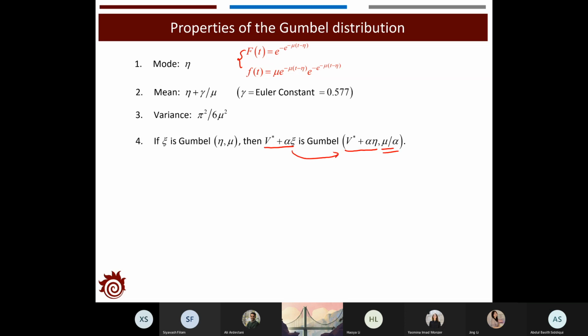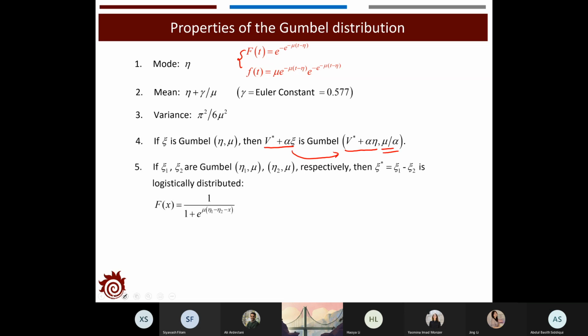And the fifth one: if we have two Gumbel random variables, epsilon 1 and epsilon 2, with parameters eta 1, mu and eta 2, mu, so they have the same value of mu but different values of eta, then the difference between these two random variables, epsilon star equals epsilon 1 minus epsilon 2, will be logistically distributed.